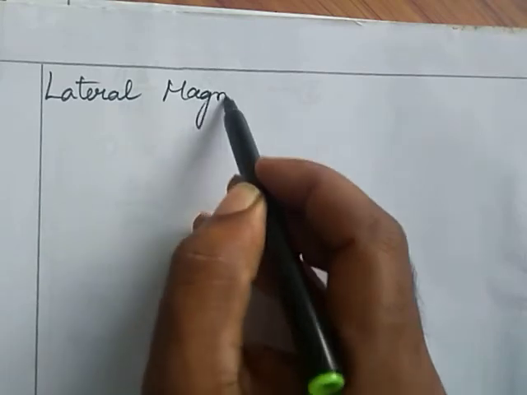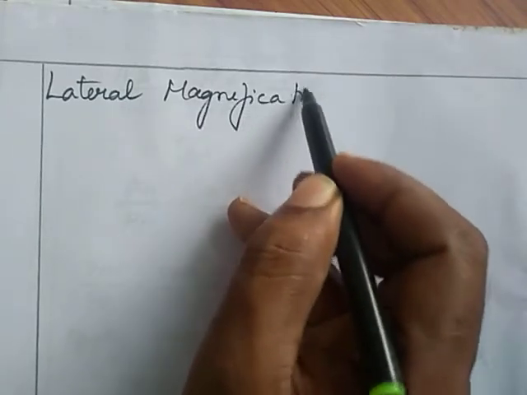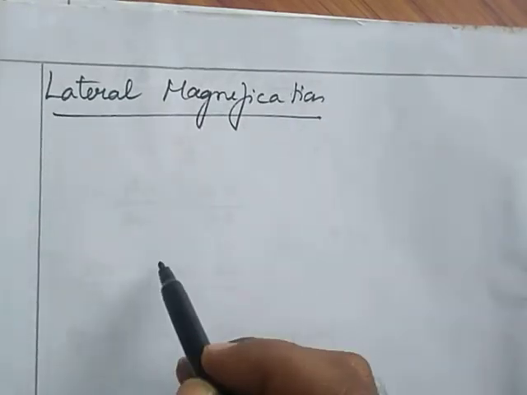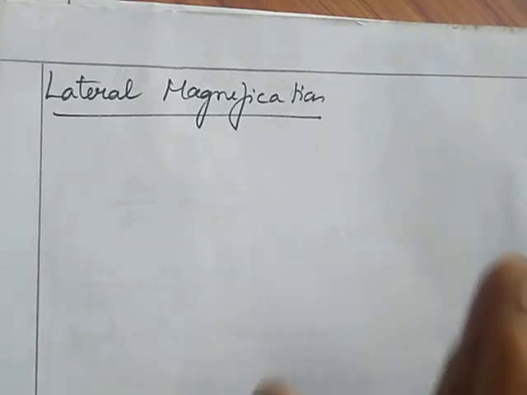Then lateral magnification. That is simply magnification. Magnification means how many times the height of the image varies with the object, or how many times the distance of the image varies with the object distance.